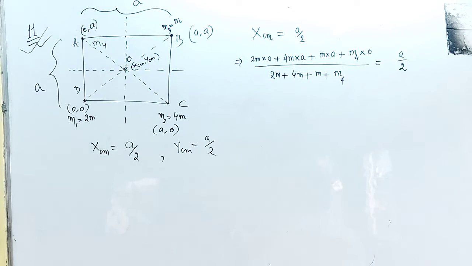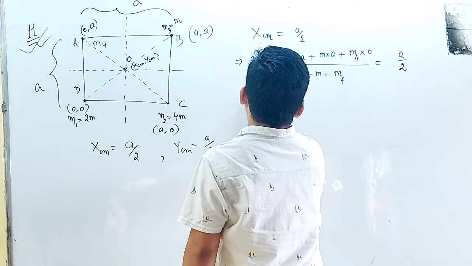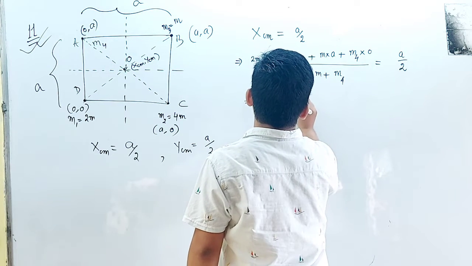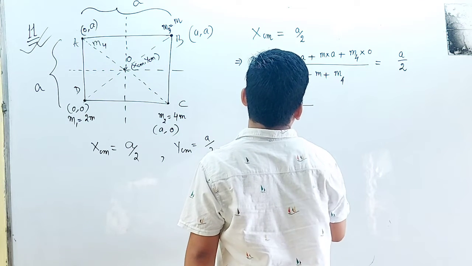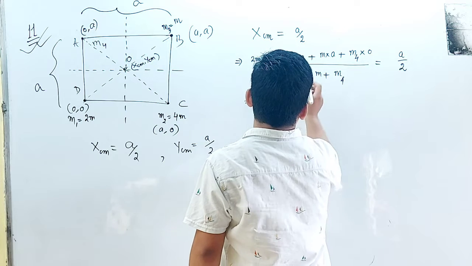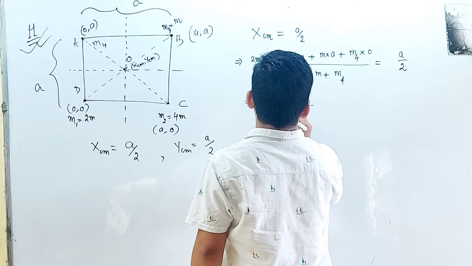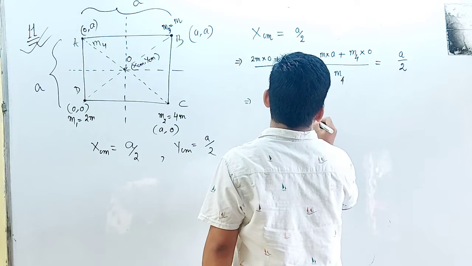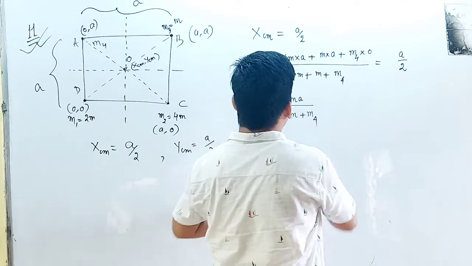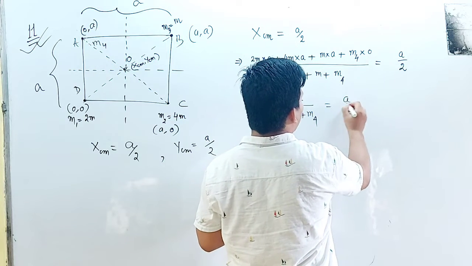Now simply put the values. In the numerator we will be having 5M. In the denominator, 6M plus M4, sorry, 7M plus M4, and this is equal to A by 2.